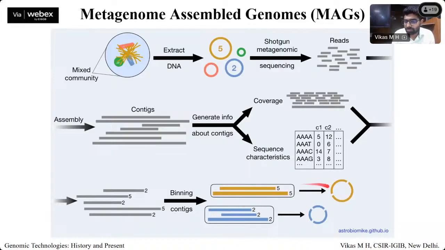When these genomes are made, you can check whether they are in the known reference database or not. If it is not present, that means you are looking at a novel genome which has not been cultured or seen by anyone.